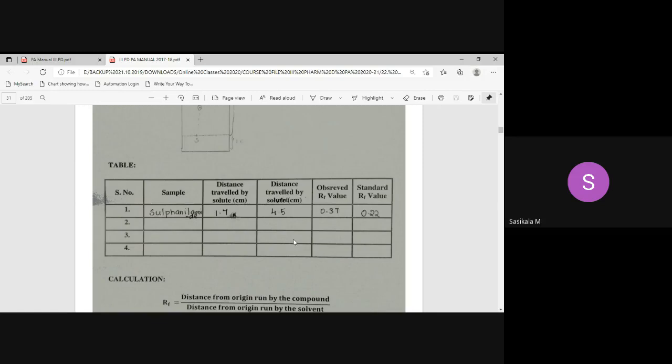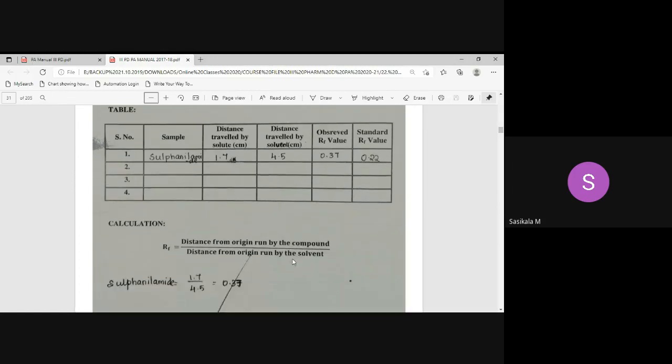You can change the readings group-wise. The first 3 members write 1.7 and the next 3 members write somewhat more than that. You need to get an observed RF value near the standard value, so accordingly change the readings. All of you don't write 1.7 exactly. Change the readings in order to get the closest reading towards 0.22.